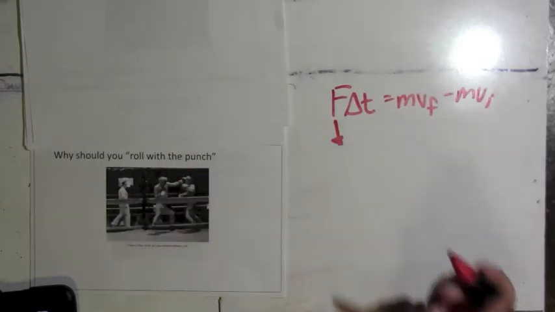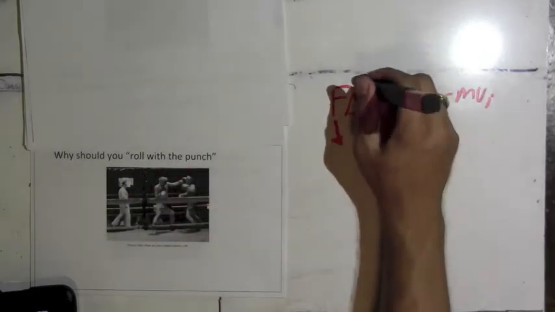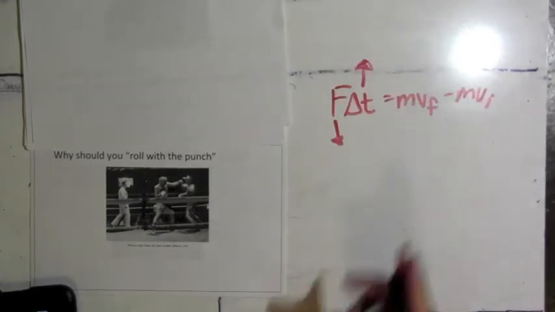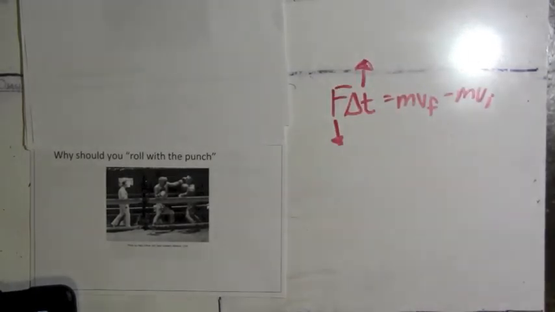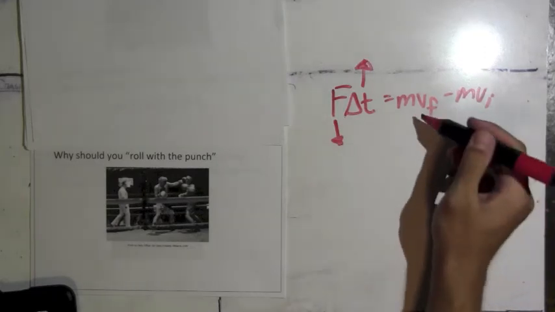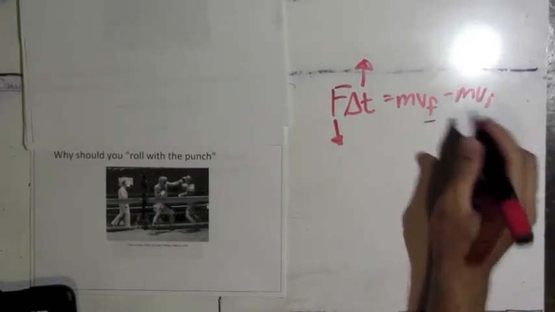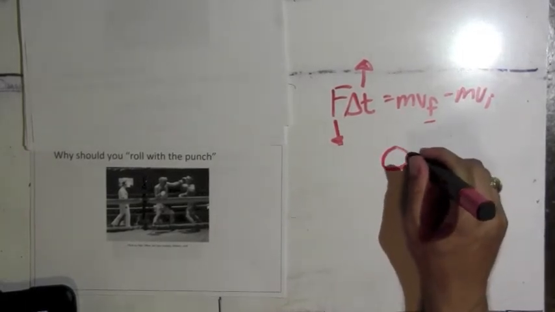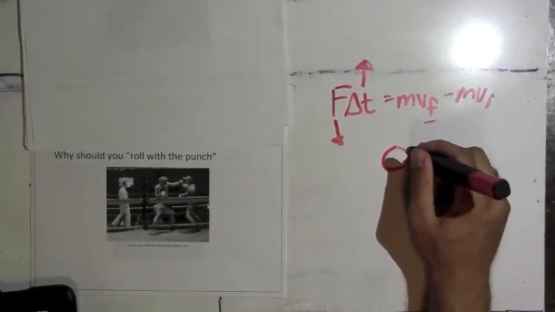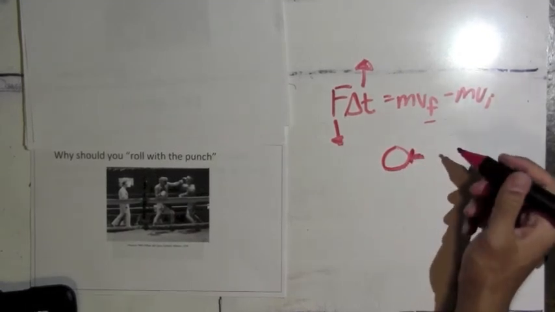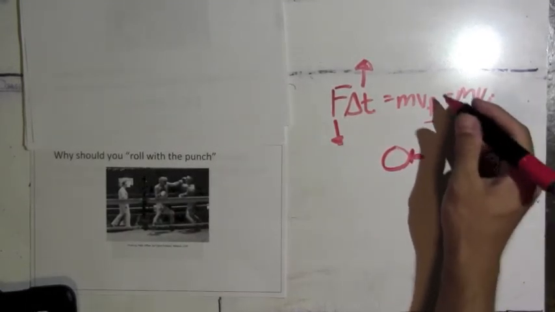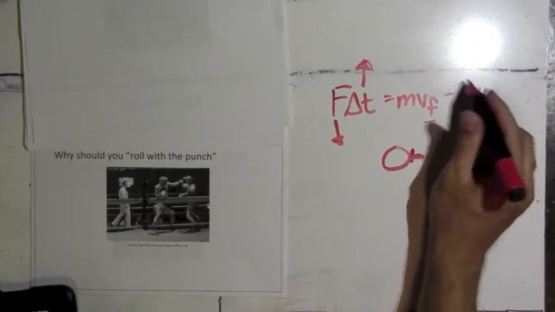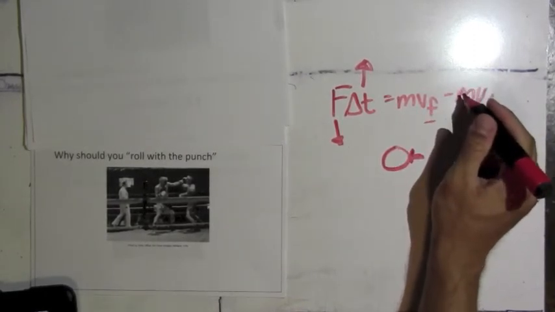By moving backwards or rolling with the punch, you are actually increasing the impact time, the time that the glove is in contact with the face. But you're also changing the final velocity of the glove. If a glove comes and hits a face, usually the fist comes to a stop, but that creates a greater change in momentum on this side.